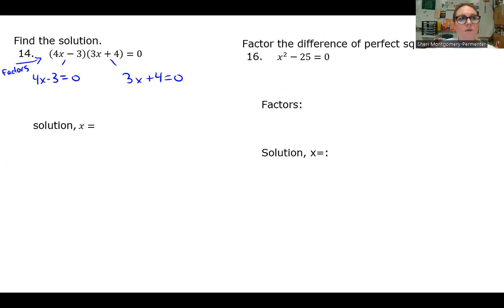So for the branch on the left, what would my first step be to solve this one? Yep, it's a two-step equation. These are nice. So what do I do first for this one? Add 3.